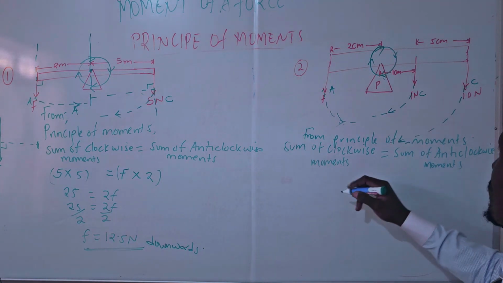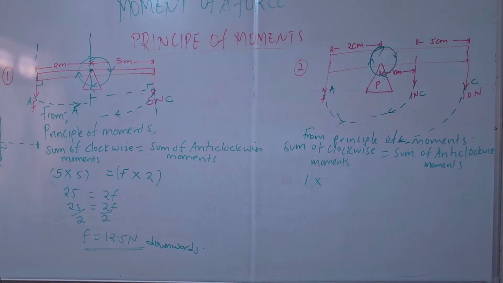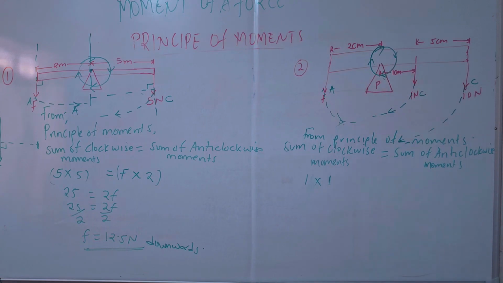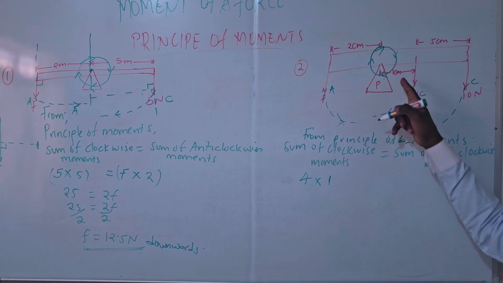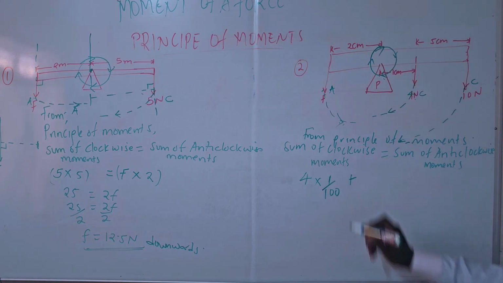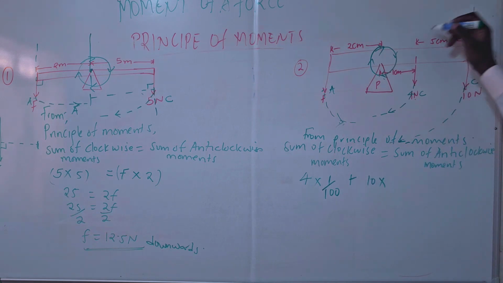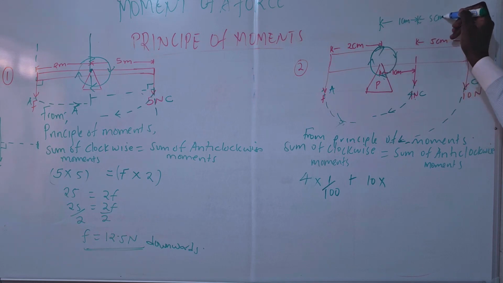Let's convert this into 4, make it 4 newtons, times the distance from here to here, that is 1 centimeter. Convert it into meters by dividing by 100. Plus 10 times the distance from here to here. That is 1 centimeter plus 5 centimeters.